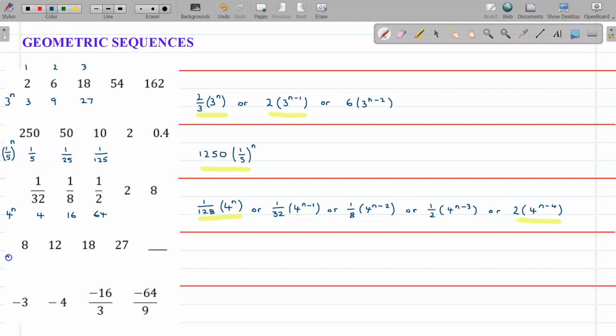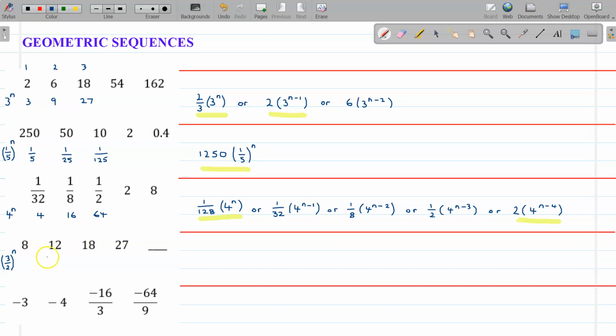I'm going to write it as 3 over 2, and I'm going to do 3 over 2 to the power of n in the same way that I've done the others. And it's easier to do a fraction to a power than it is a decimal because you can do the numerator and denominator.